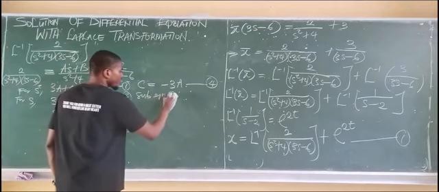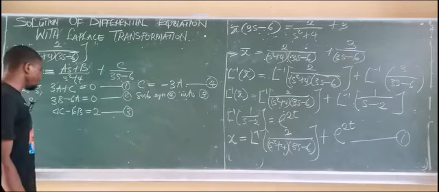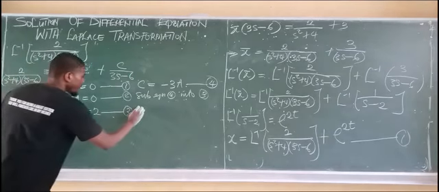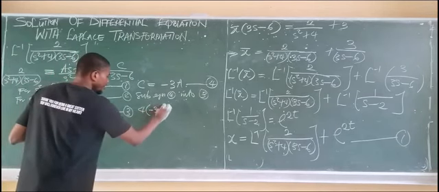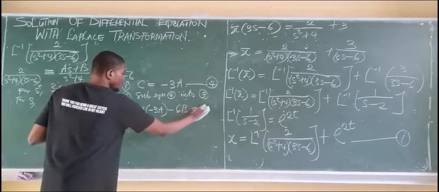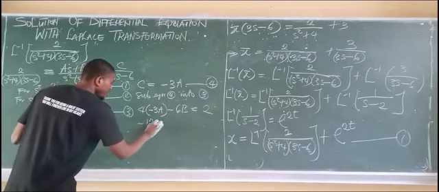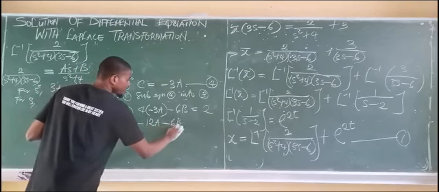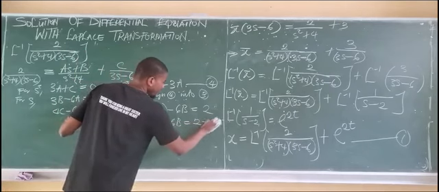This is 4c, so in place of c, which is minus 3a, we have minus 6b equal to 2. So 4 times minus 3a gives minus 12a minus 6b, which is equal to 2.